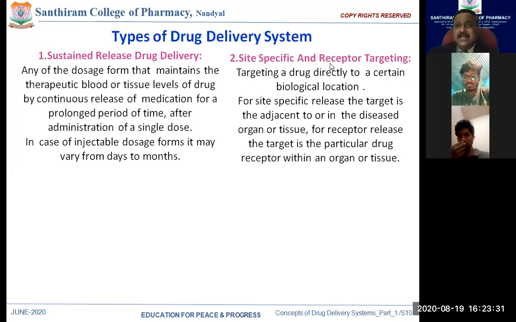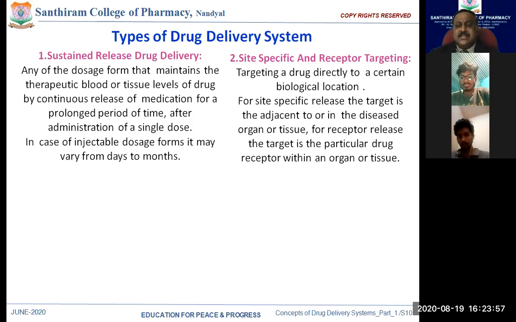So it is a drug delivery system which is site specific and receptor targeting. It is very self-explanatory, right? See, it is targeting a drug directly to a certain biological location. Biological location means what? It is a particular site of your system, right?